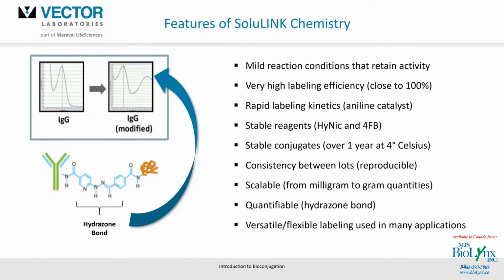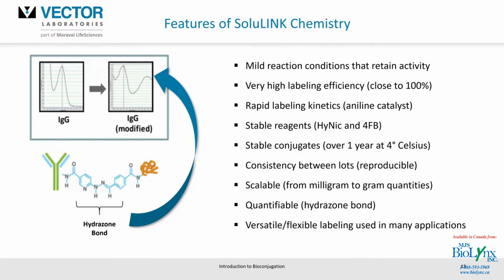Stability too is a key factor, and I hinted at that earlier under the considerations for bioconjugation. You want certainly the reagents and the conjugates to be stable once formed. And certainly, a year in storage at 4 degrees is a very good time for a bioconjugate. Consistency between lots is pretty crucial, particularly if you're trying to duplicate studies.